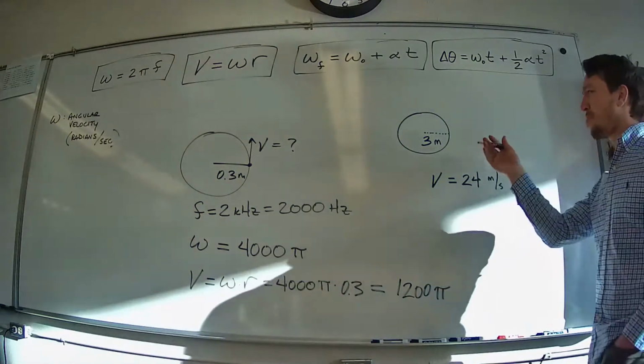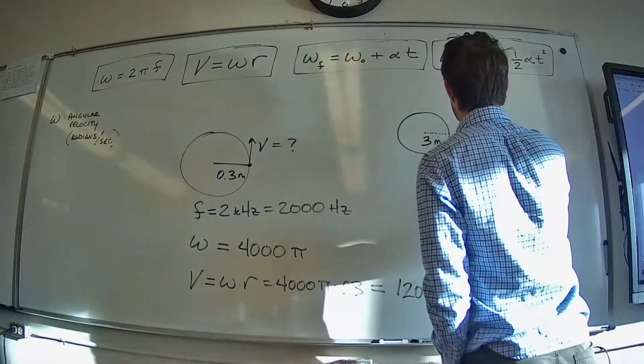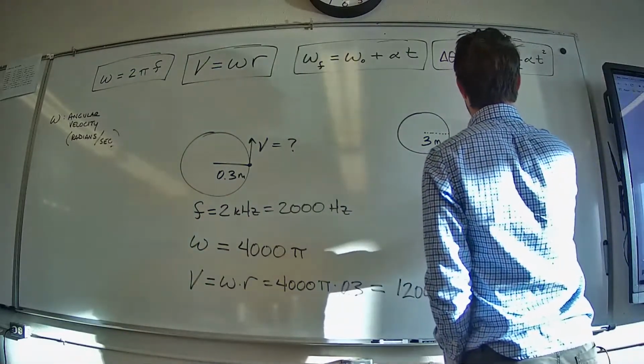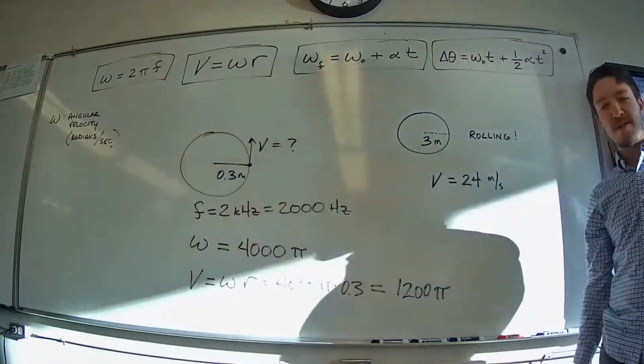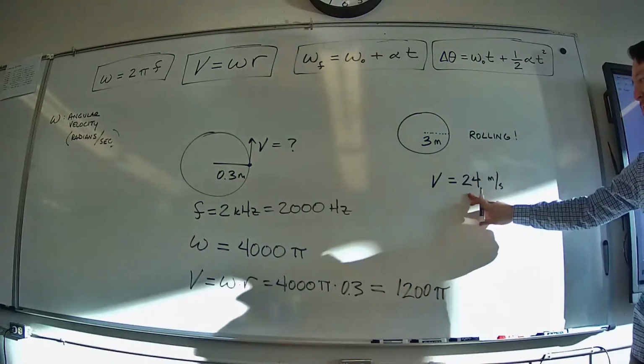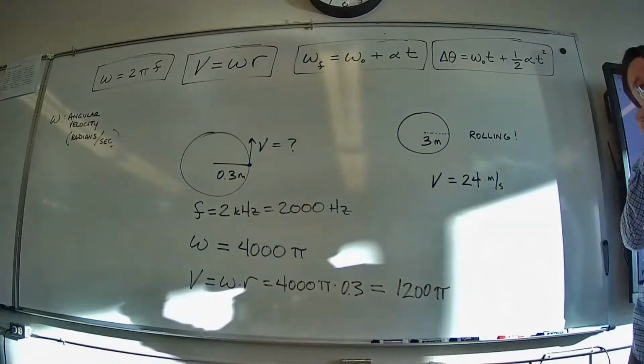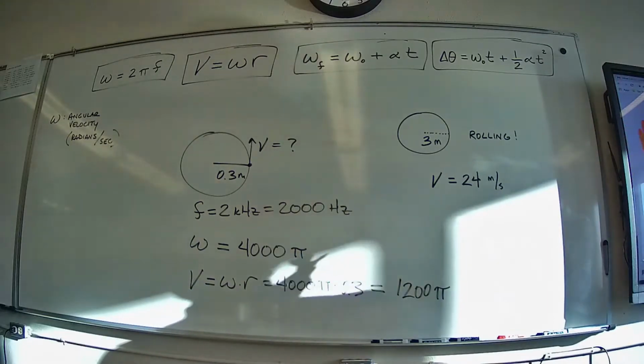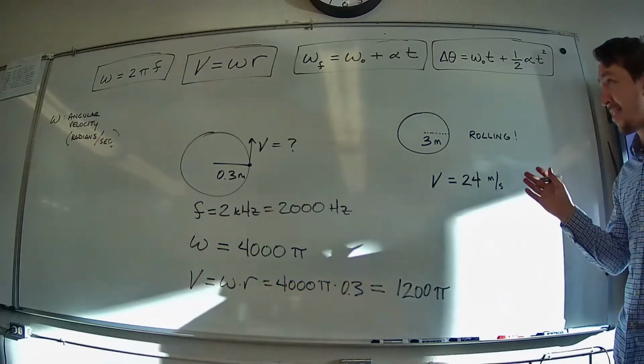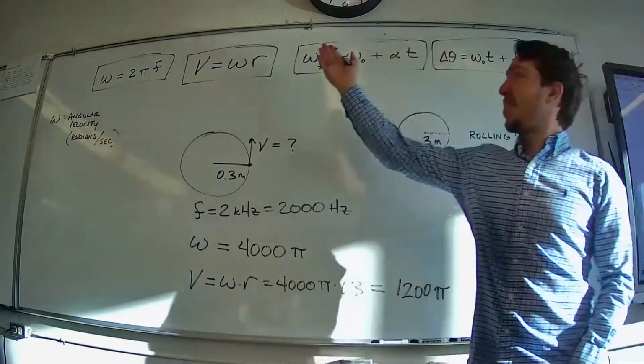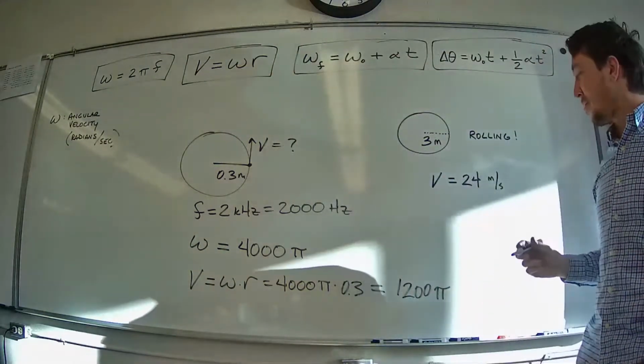Okay, so this is all the information we have. It's rolling that fast, right? There's one piece of information we can get super easily out of this: we can get omega.